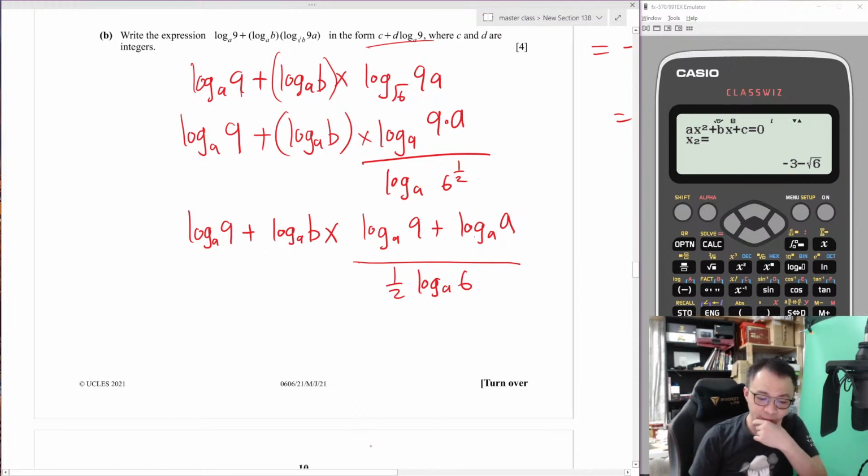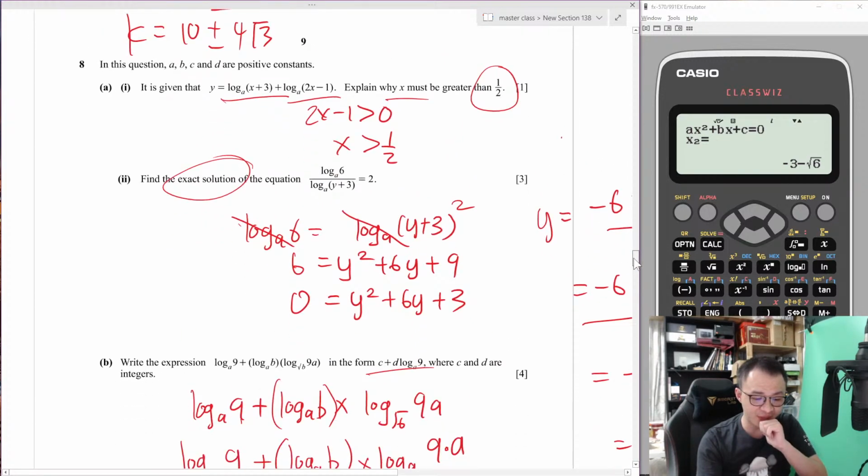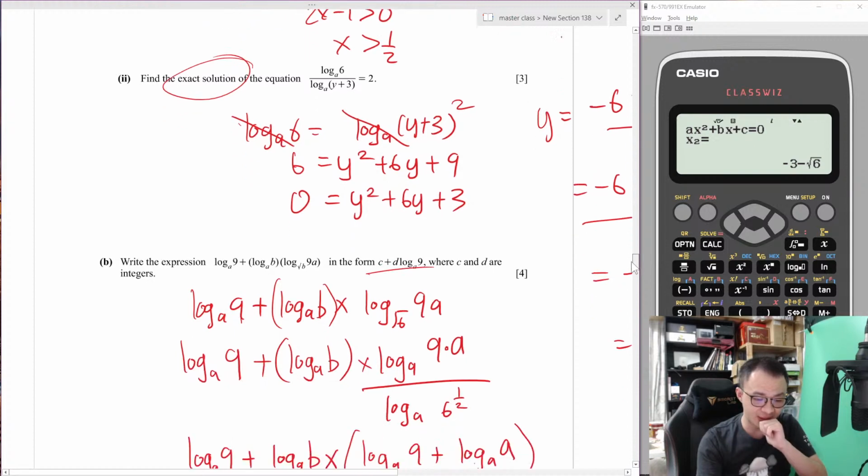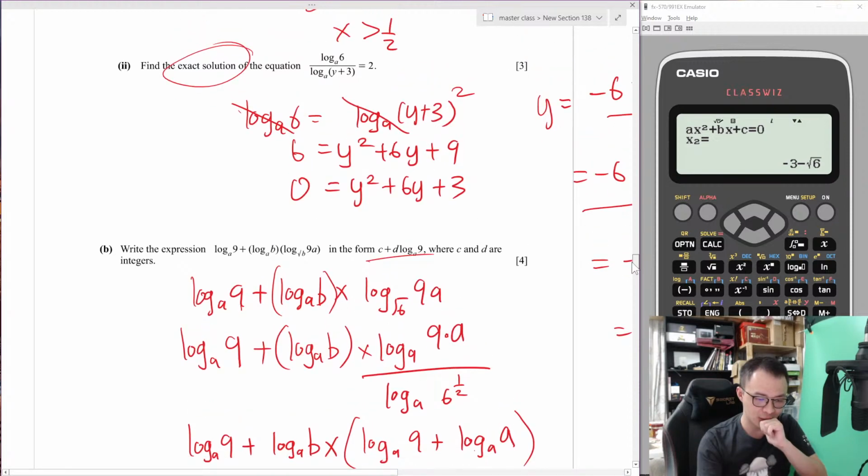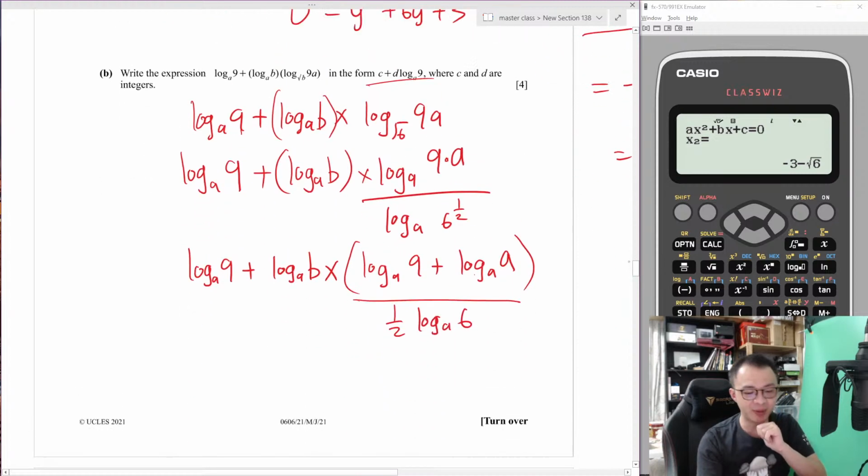Okay, so is there anything we can solve here? Oh, log a a is 1. Do we need to use the information on the top? No, right? Yeah, I think maybe we do not need whatever is on the top. Okay, log a a is 1, so I can change this one into 1.